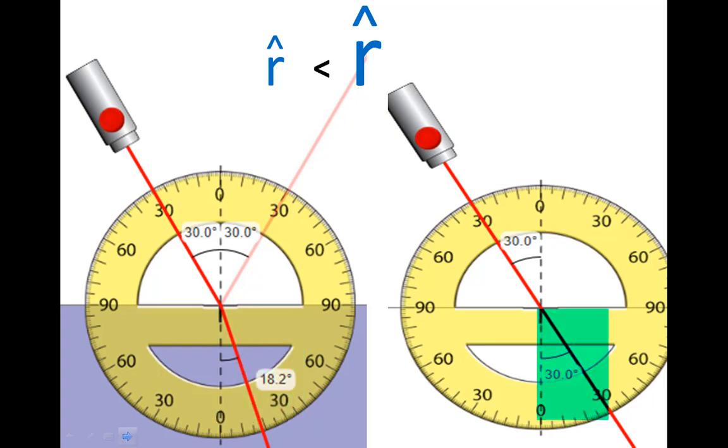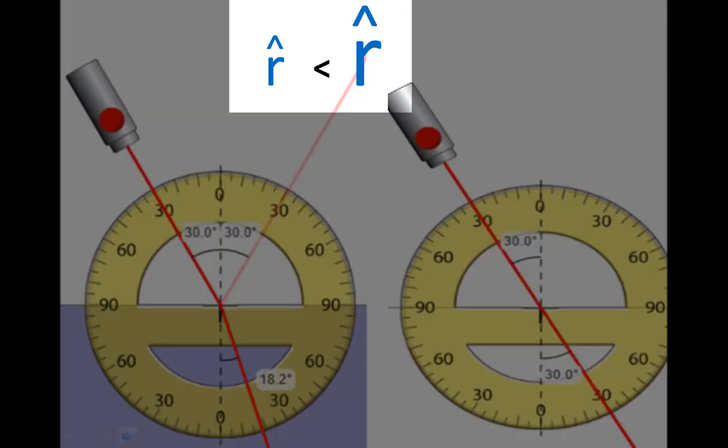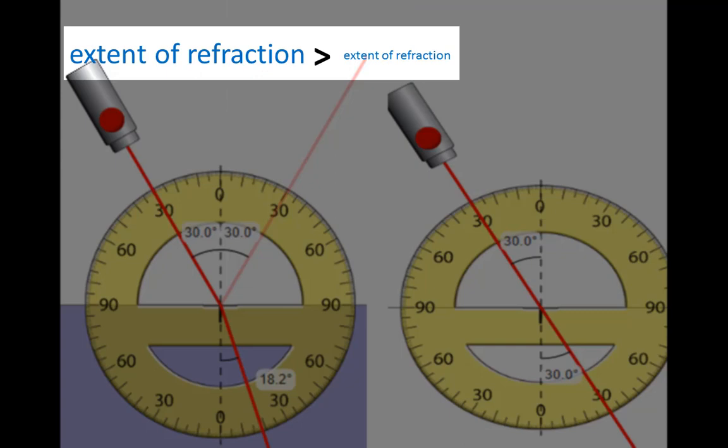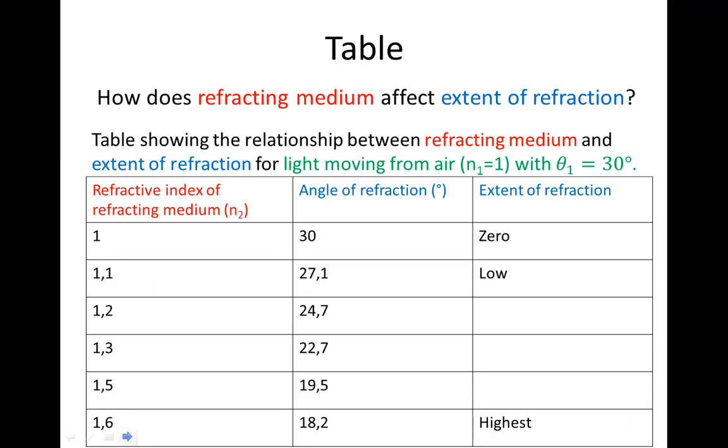In the case of the 30, there hasn't been, because for light being refracted towards the normal, the small number of angle of refraction actually corresponds to a greater extent of refraction. So when we interpret this data, we must remember that.